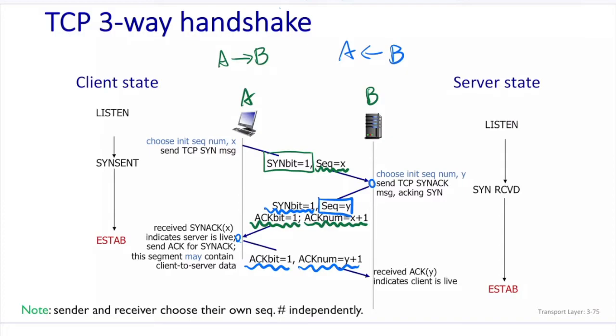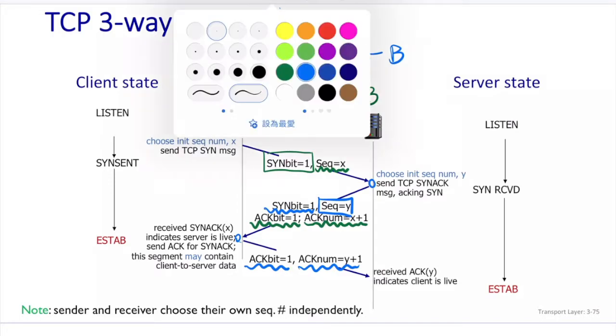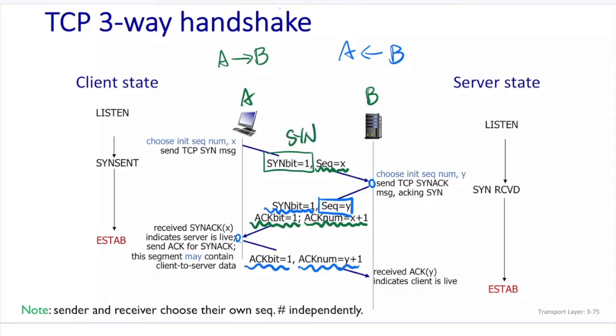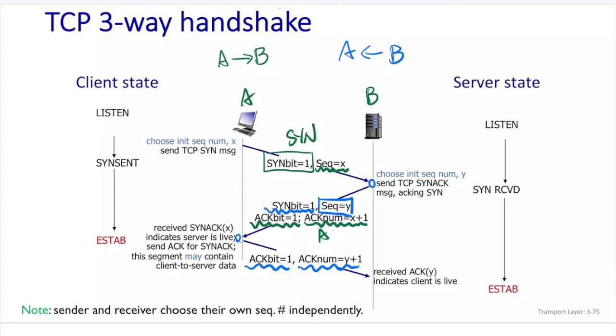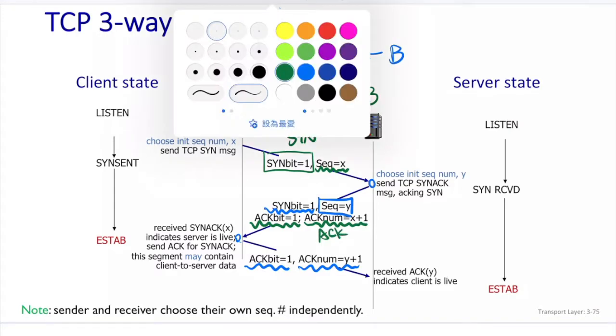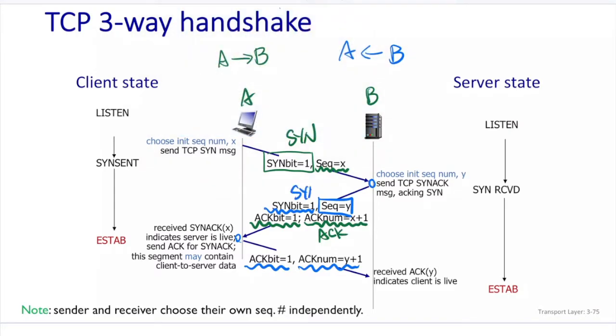So basically, we have 4 different message exchanges. The first one is called SYN. Here is ACK, the green one. The other is again the SYN, and the other one is the blue ACK. Basically 4 messages have been exchanged.